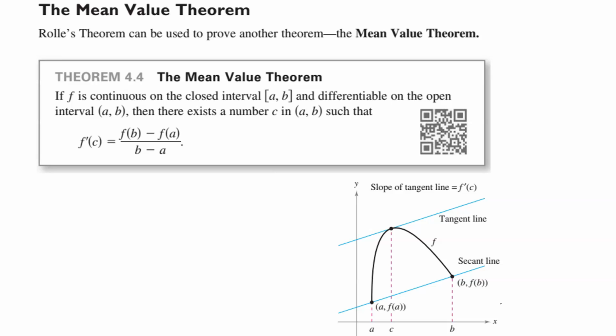So this says that if we look at the secant line, aka the slope of our secant line, aka our average rate of change on the interval, then it must be equal to our instantaneous rate of change at some point on that interval.